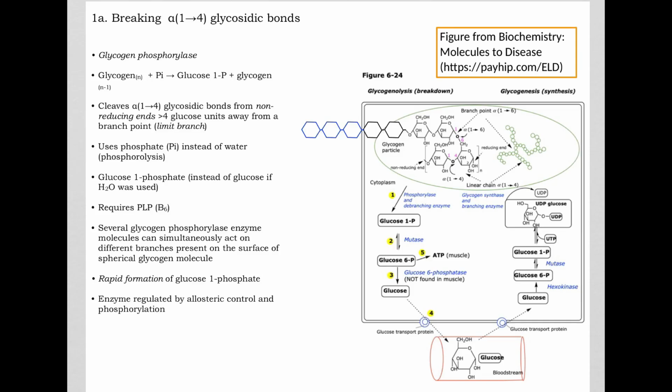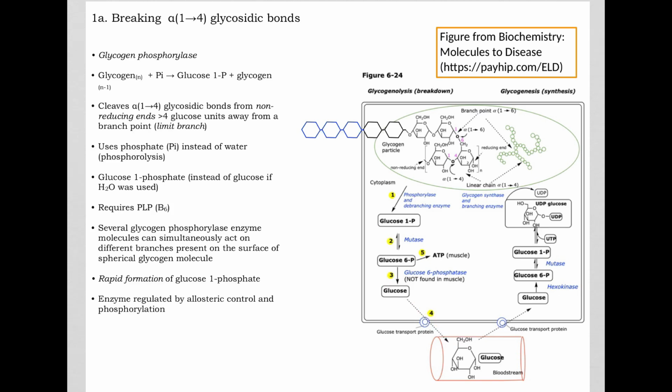And this is important because, as we shall see, the glucose 1-phosphate can be converted to glucose, and this glucose can be sent out into the bloodstream from the liver and help maintain the glucose at greater than 40 milligrams per deciliter. And that's critical, especially for the brain, to get enough ATP energy from the glucose.